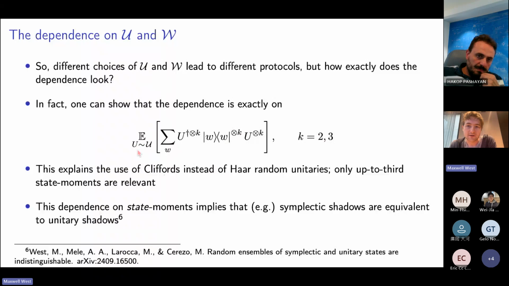So it's like an average with respect to everything. You're averaging over the ensemble, and you're asking how this adjoint action of my unitaries behaves on average on the computational basis states that we're measuring.